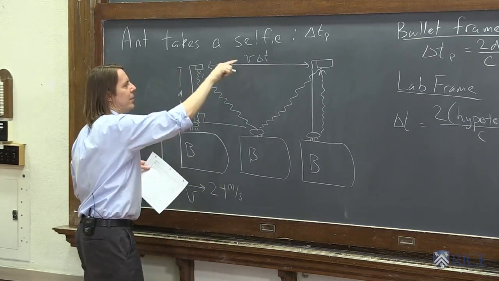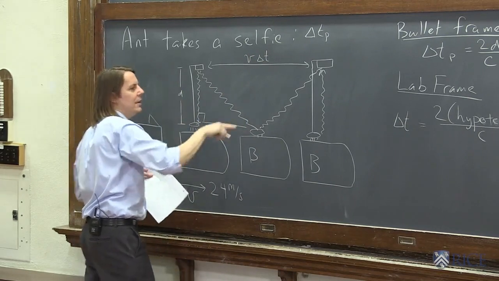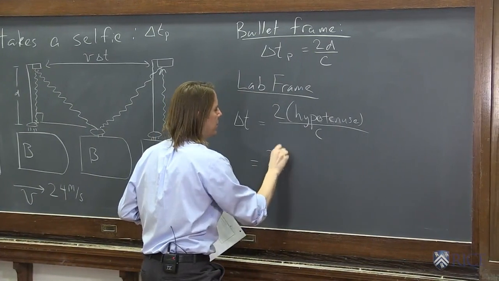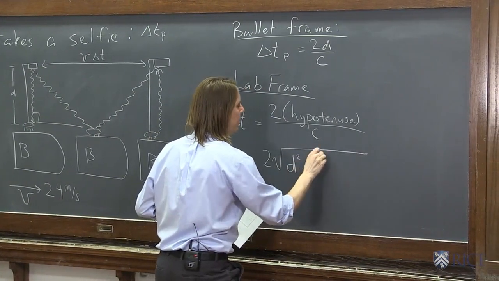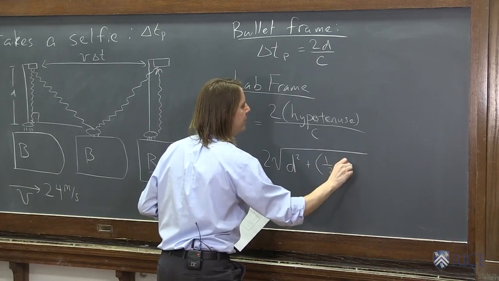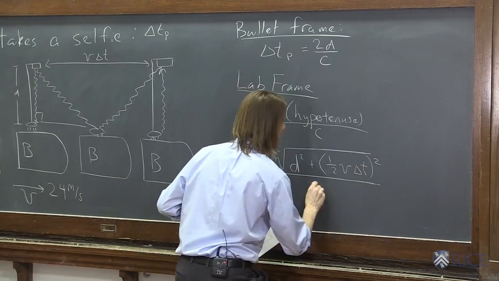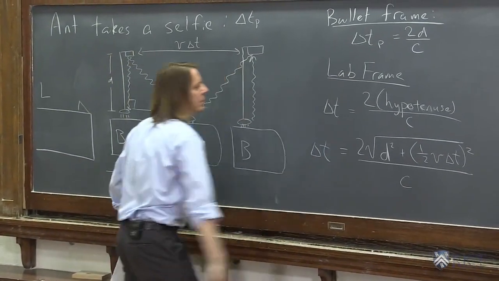So that side of the triangle is 1/2 v delta t. So we have d and 1/2 v delta t. So it's equal to 2 times the square root of d squared plus (1/2 v delta t) squared, over c. And there's delta t on this side as well.